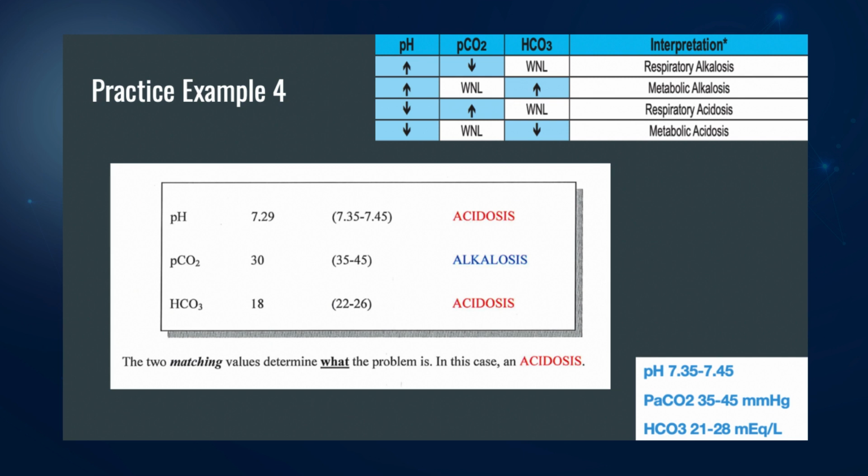We know that. But now let's figure out if it is going to be respiratory or metabolic. If you remember, I told you that a problem with bicarb is a metabolic problem. An issue related to bicarb is metabolic. So the answer is metabolic acidosis. When you think of bicarb, just think metabolic.